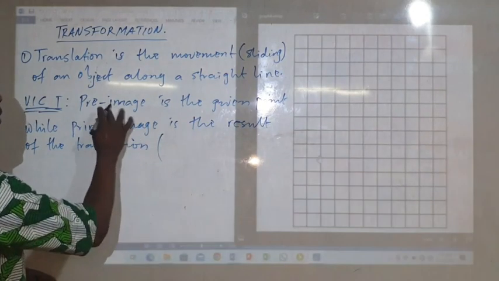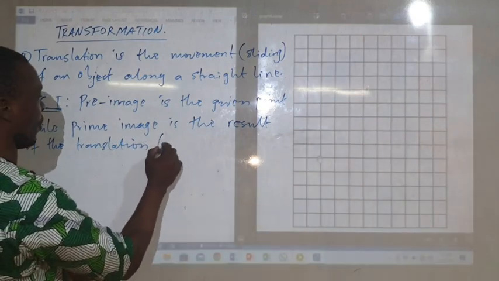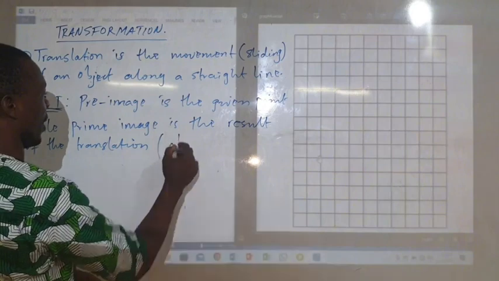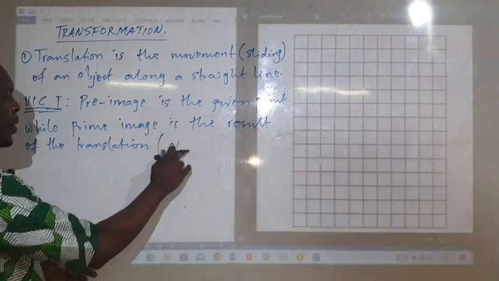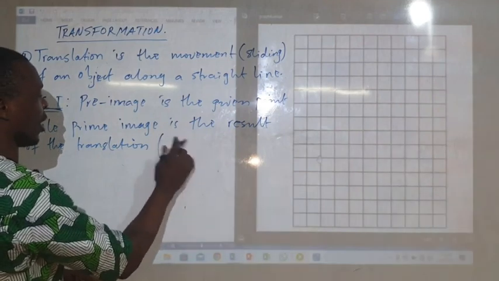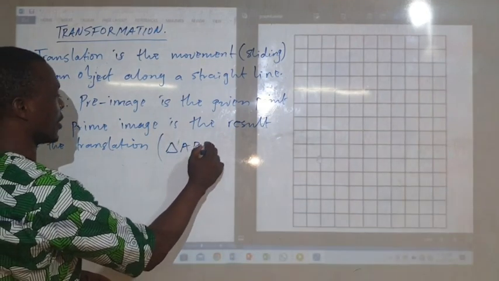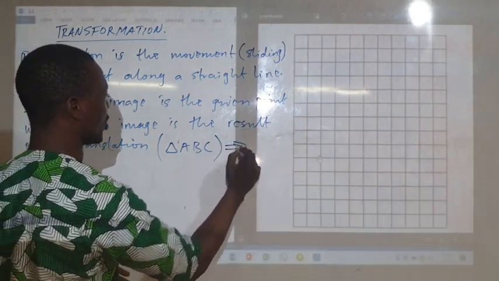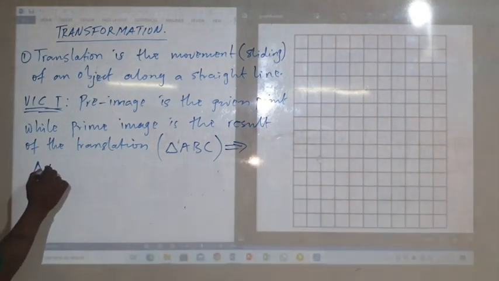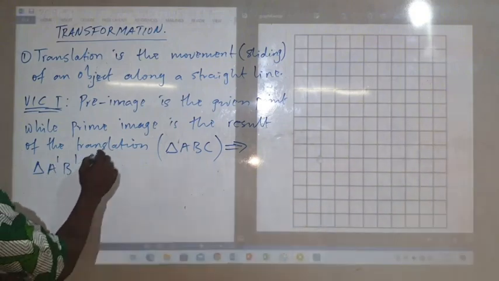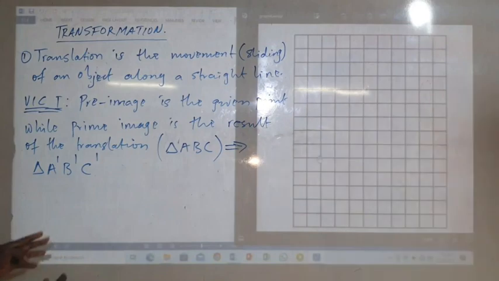Assuming we are given points A, B, and C for a triangle, we are going to have triangle ABC as the pre-image, while the prime image, which is the result of the translation, will now be triangle A prime, B prime, and C prime.